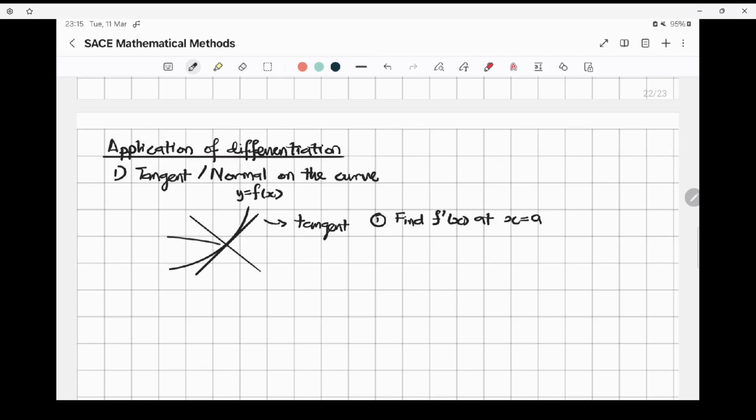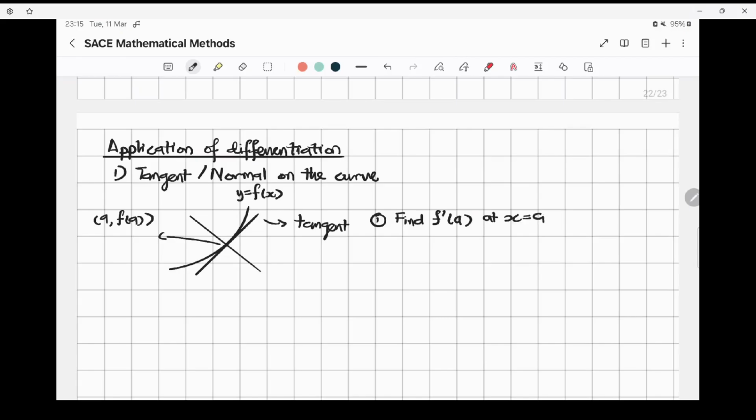So let's say this is f of a. First you need to find your f prime, the first derivative, and then substitute the value of x inside.